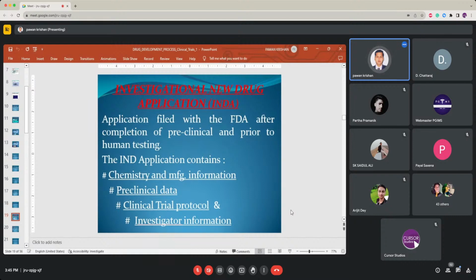So the application filed with FDA or CDSCO after completion of preclinical studies and prior to human testing is called the IND. You have to file the application called IND, investigational new drug application, as I told in the first slide, which includes various components in detail, including chemistry and manufacturing information of the new drug.